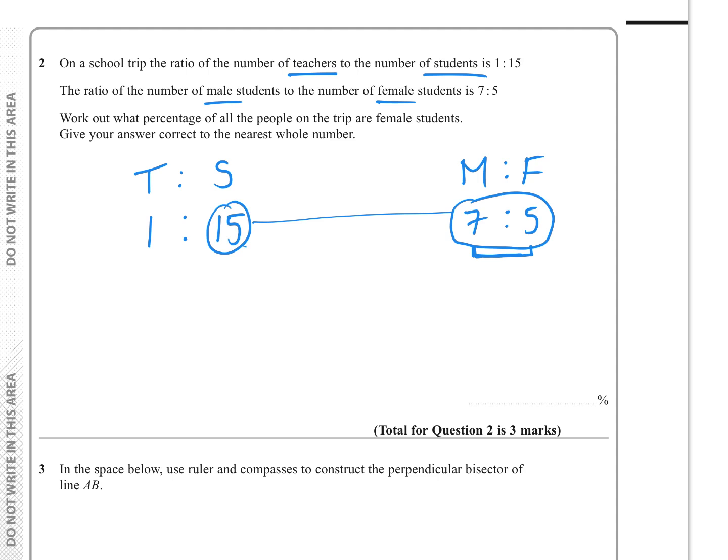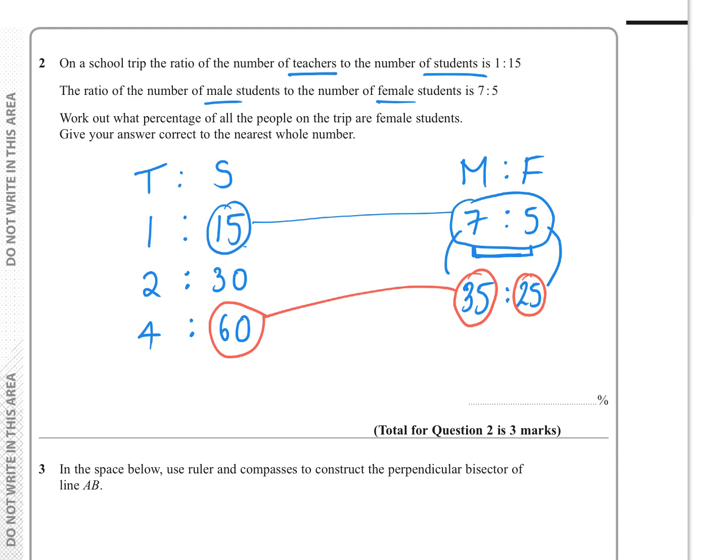So we can change this ratio to 2 to 30 and then double it again to get 4 to 60. And then the nice thing about this is if we times this one by 5, we'll get 35. Times this one by 5, we'll get 25. And look what happens. 35 males, 25 females make 60 students.